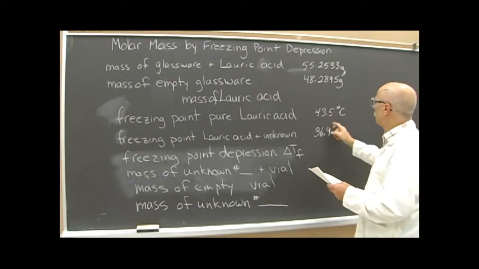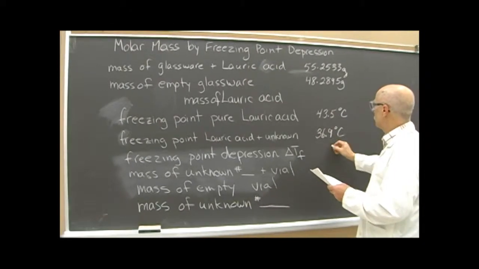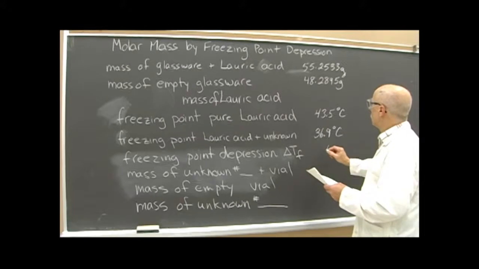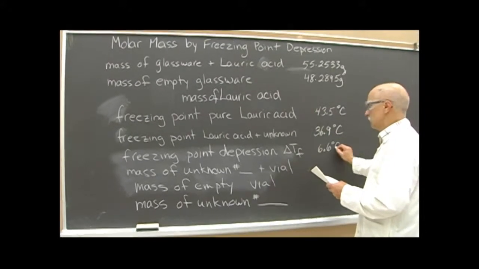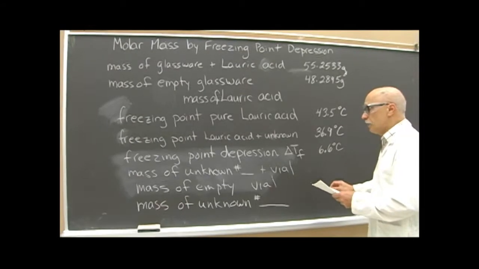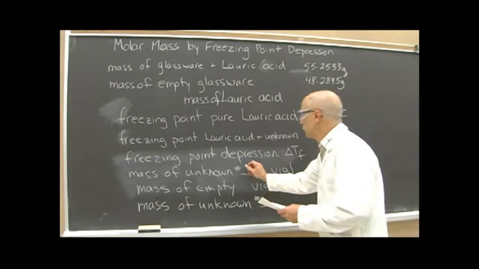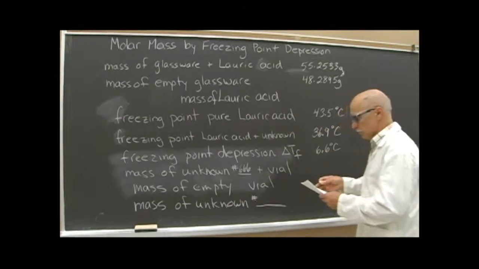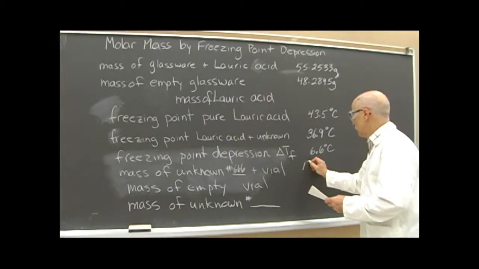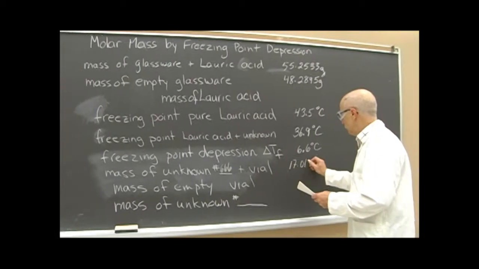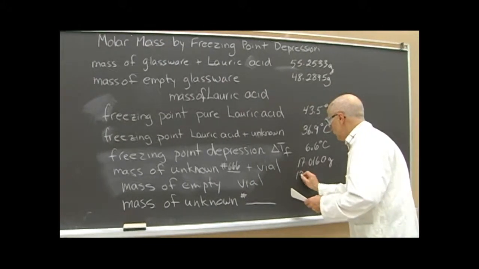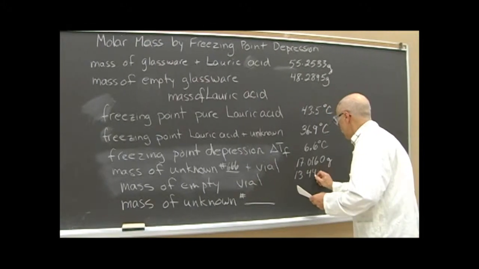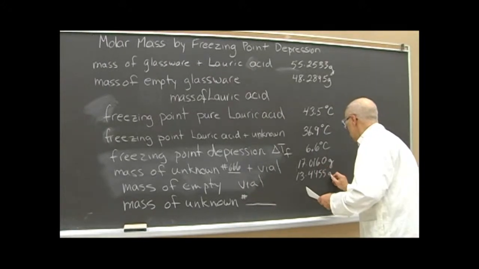So our freezing point depression would be the subtraction of those two. So there's 6.6 degrees. Our mass of unknown number, that you'll fill in when you come, obviously, on the day of the lab. And the empty vial was 1344.5.